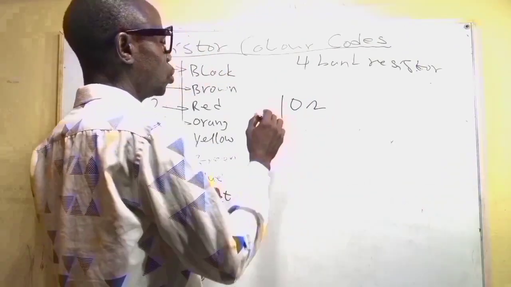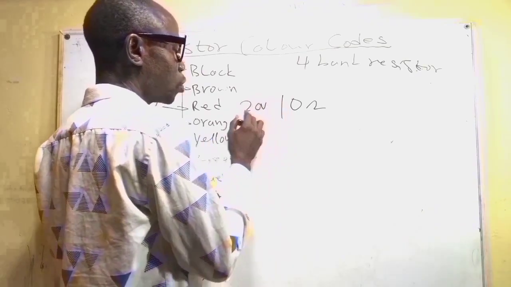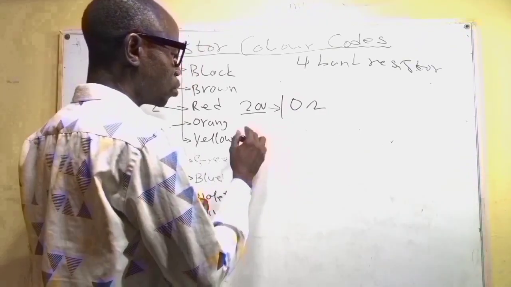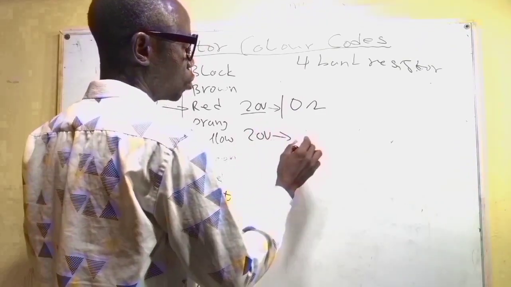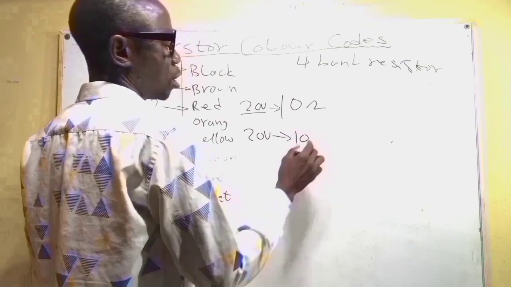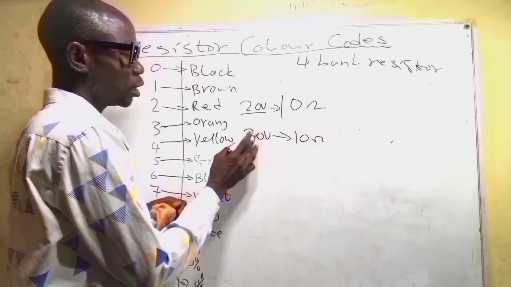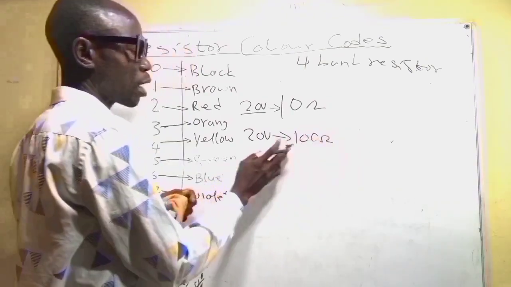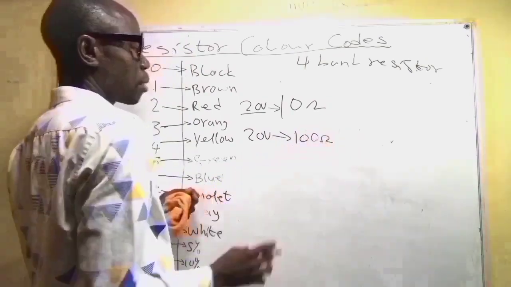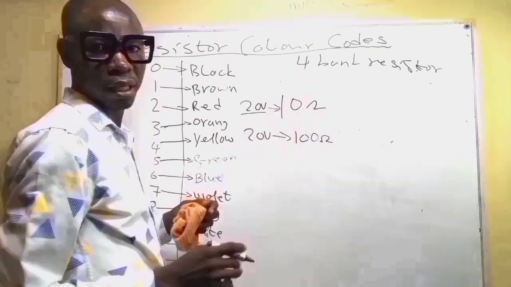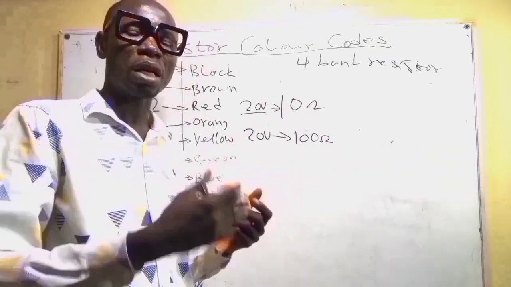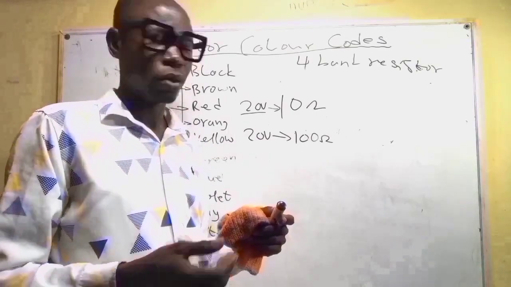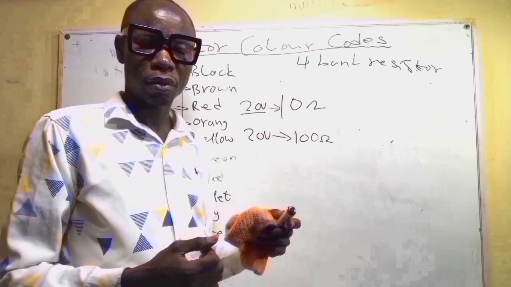If 20 volts is flowing through the 10 ohms resistor, and the same 20 volts is flowing through a 100 ohms resistor, the 20 volts will find it difficult to flow through the 100 ohms resistor, but it will find it easier to flow through the 10 ohms resistor. The higher the resistance, the more difficult it is to flow through it. Please do get it.